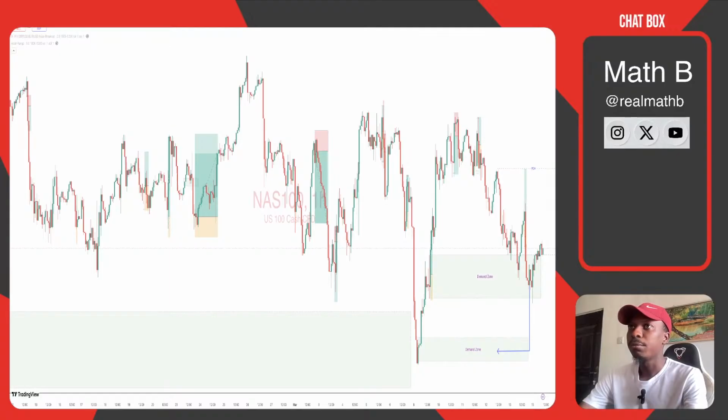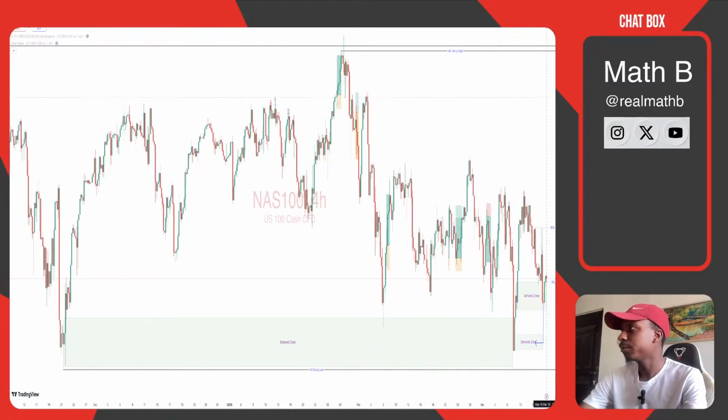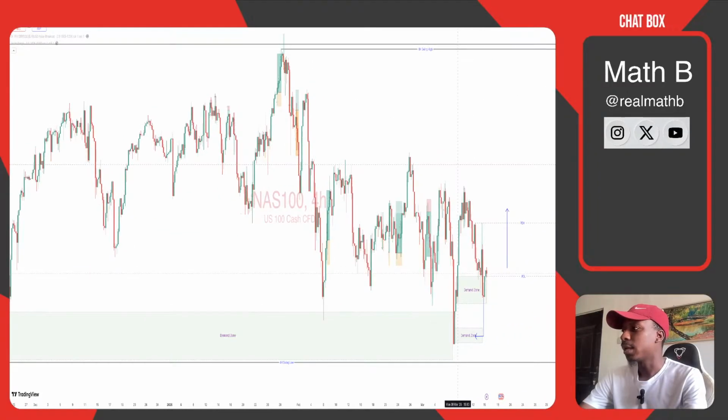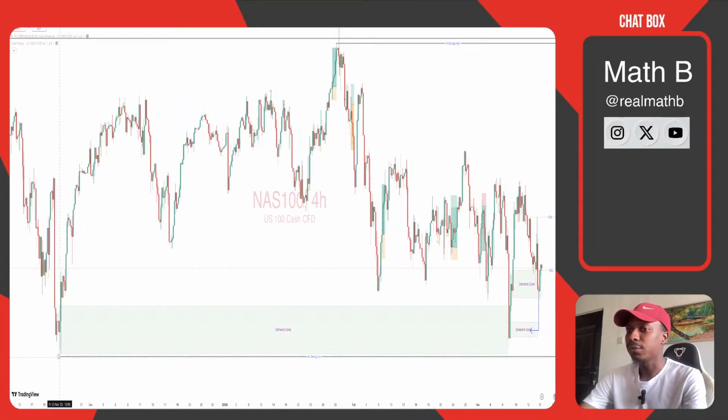Okay, so let me see it on the 4 hour. Has it broken any of the swing ranges that we have drawn before? Okay, so on the 4 hour, NASDAQ is still trading within a particular swing range that we actually drew. It has not yet broken that swing range, even though it has broken a certain swing range, but particularly this swing range to the left here, from here all the way to the top, it has not broken that yet.